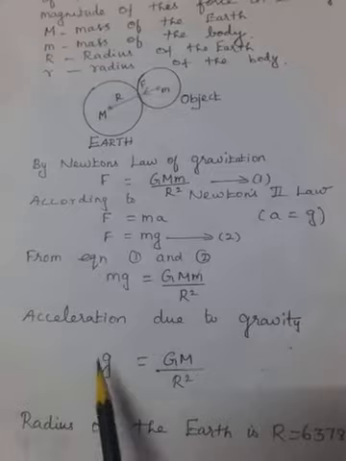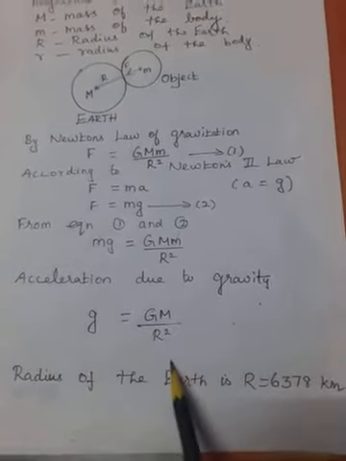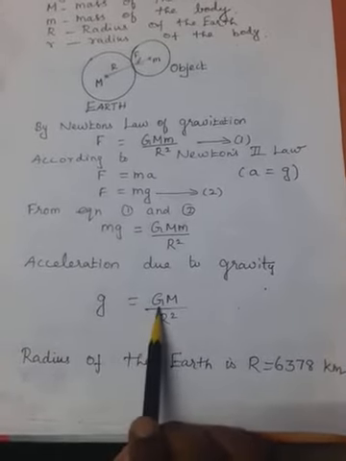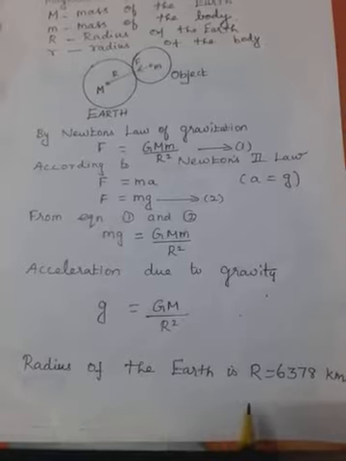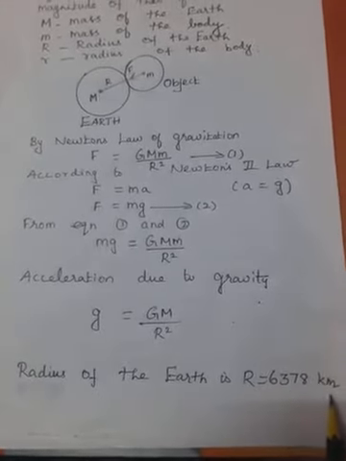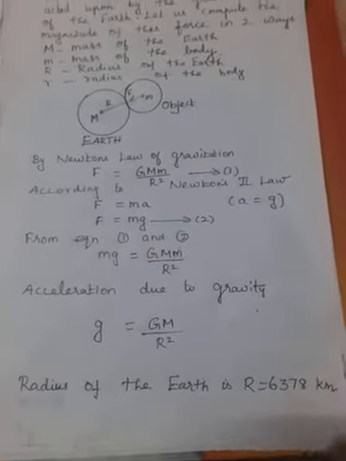Here we get the answer: acceleration due to gravity g is equal to G M by R square. So this is the relation between g and G. The radius of the earth is given in your book, that is R is equal to 6378 kilometer, approximately 6400 kilometer.